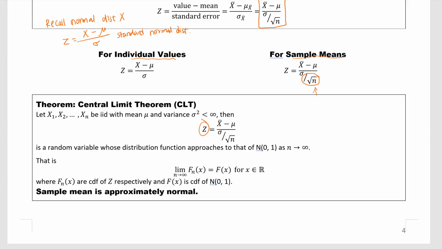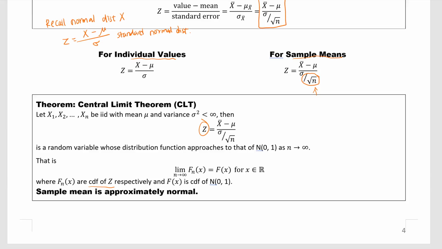So what does it mean that the distribution function approaches the distribution function of the standard normal distribution? Suppose we look at the cumulative distribution functions. Let F sub n of x be the CDF of the standardized sample mean, and capital F of x be the CDF of the standard normal distribution.